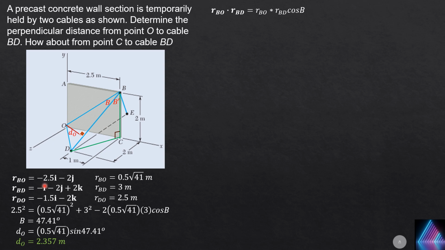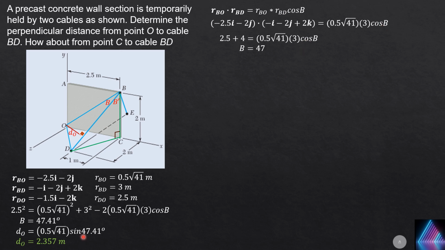Negative 2.5 times negative 1, that's positive 2.5, plus negative 2 times negative 2, that's 4. So 2.5 plus 4 equals the magnitude of RBO, 0.5 square root of 41, magnitude of BD, 3, then times the cosine of the angle between them. Solving for B, it's 47.41 degrees.